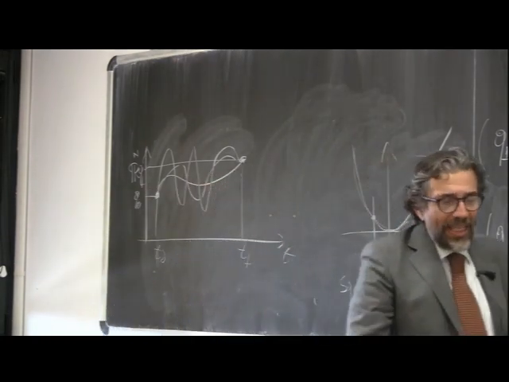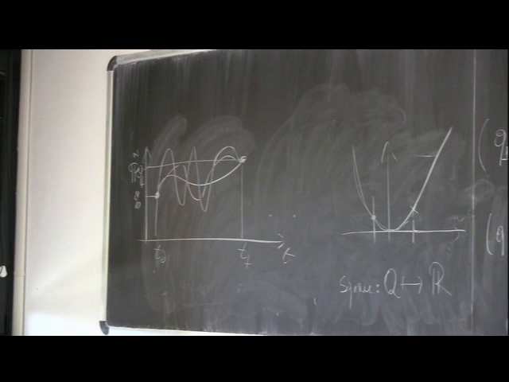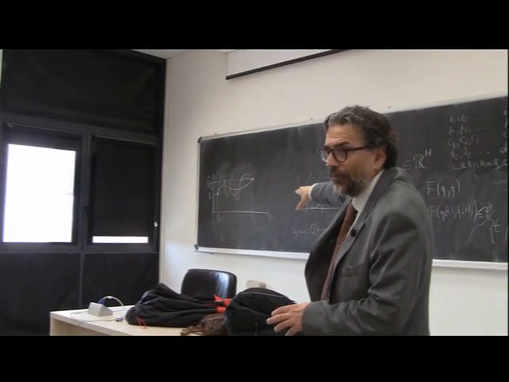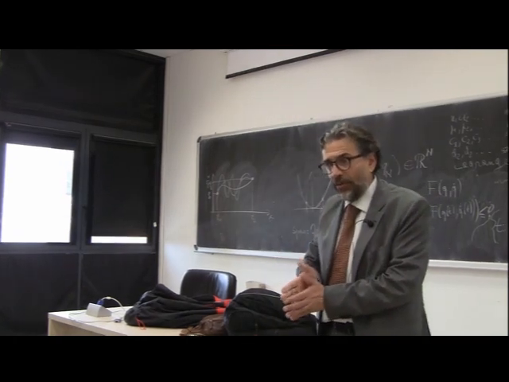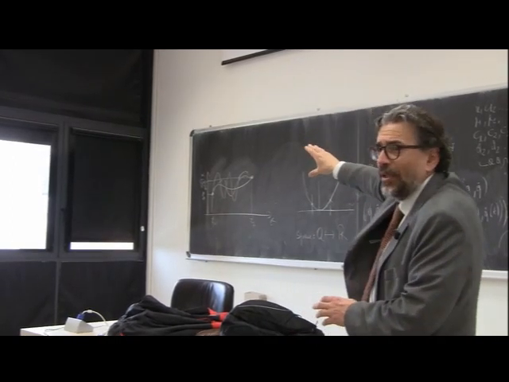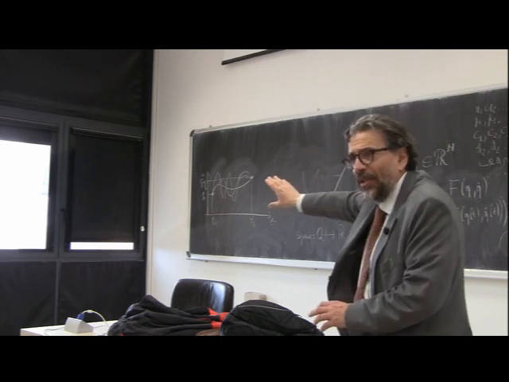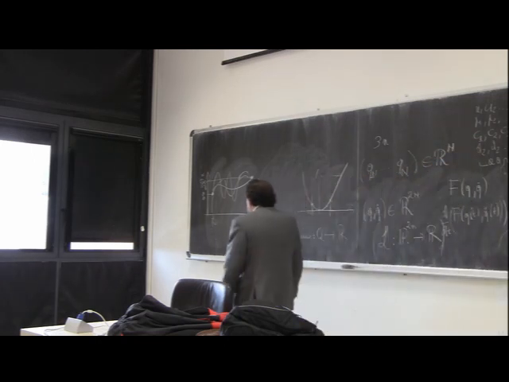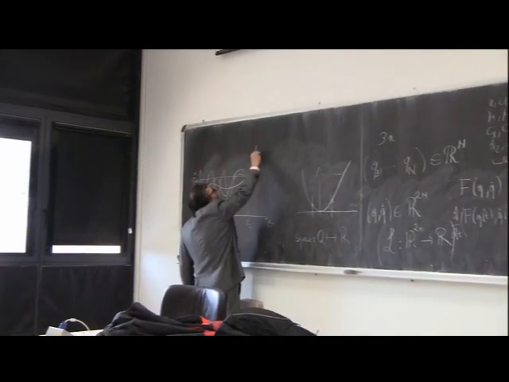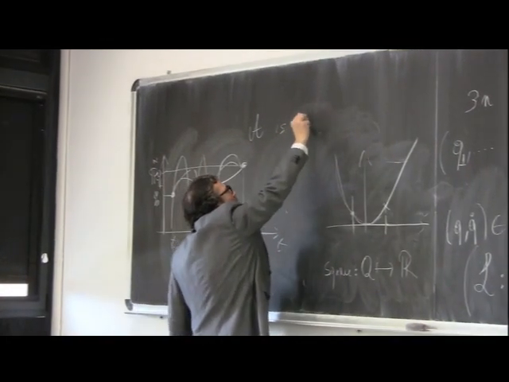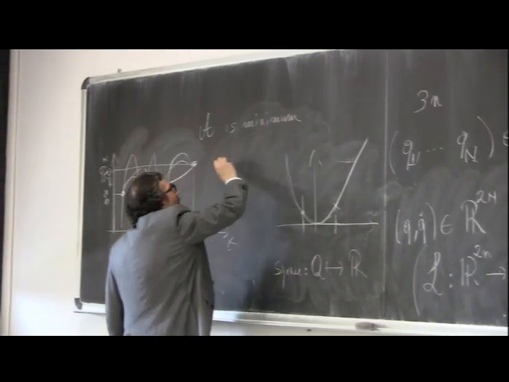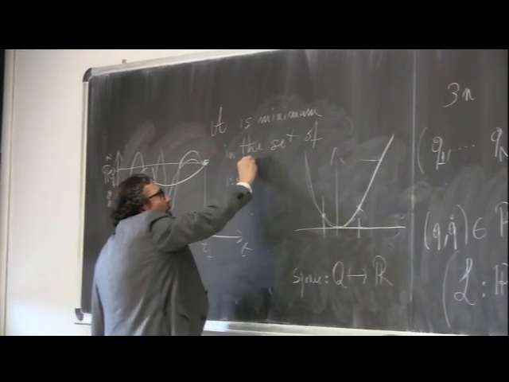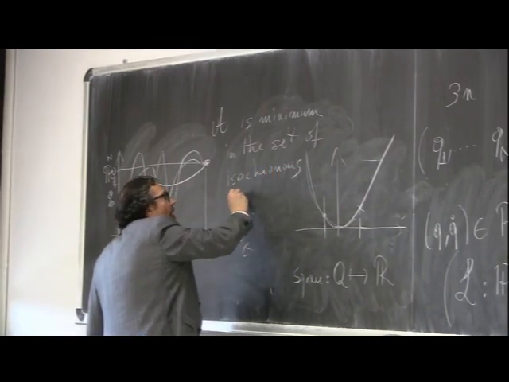Okay, so I have all curves which start from T0, Q0. This is a kind of space-time plot, because you have time and the generalized configurations. Okay, you start from the same space-time configuration and you arrive at the same space-time configuration. Now we can formulate in an appropriate way the minimum principle. The action is minimum in the set of isochronous motions.